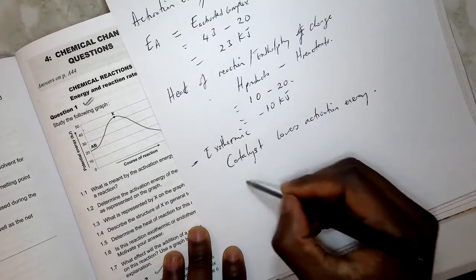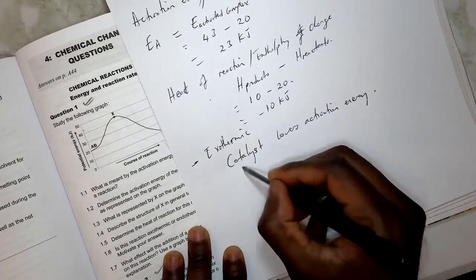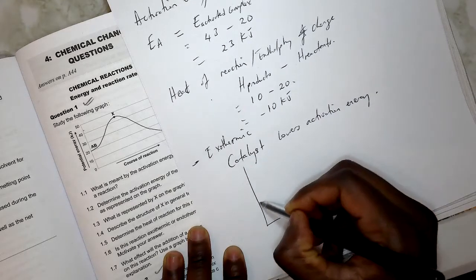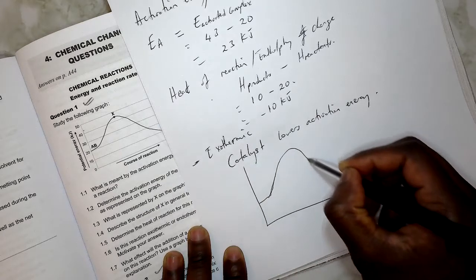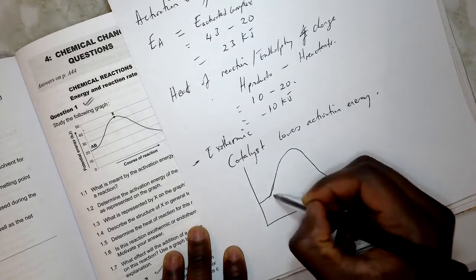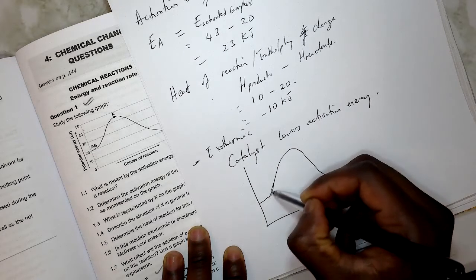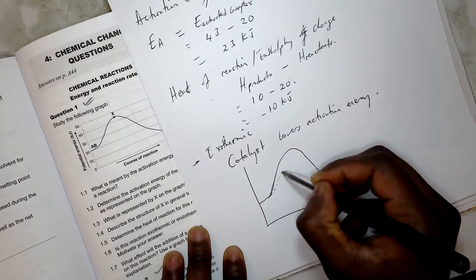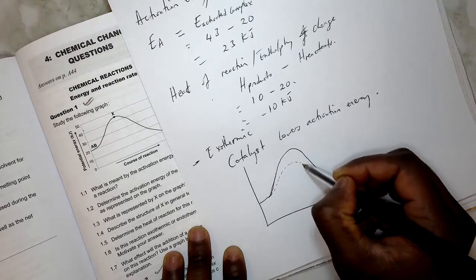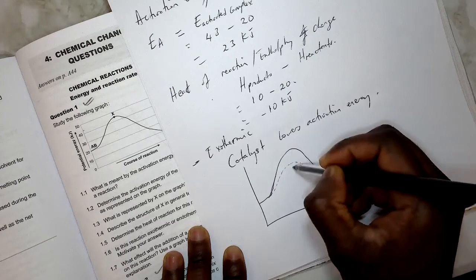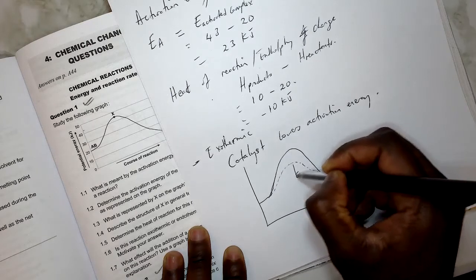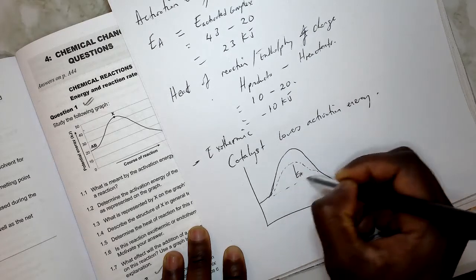So if we are to come to our diagram here, we'll expect something like this. So we are saying this is the graph without a catalyst. But now, with the catalyst, we'll expect a lower activation energy. So here you can see that the EA is no longer the same.